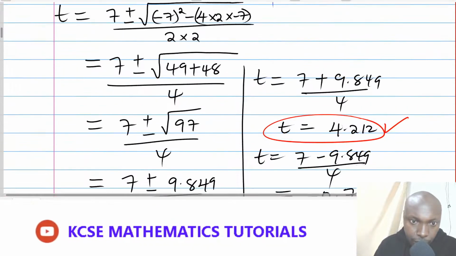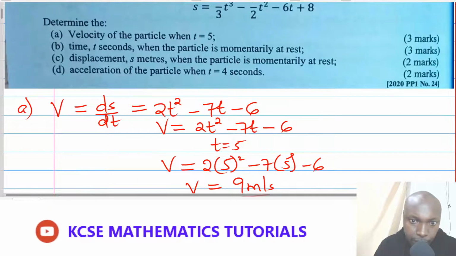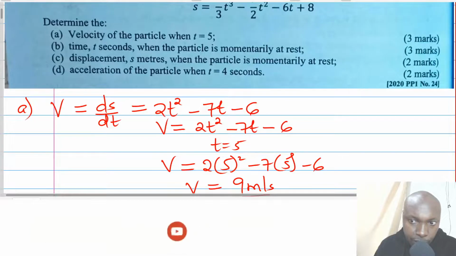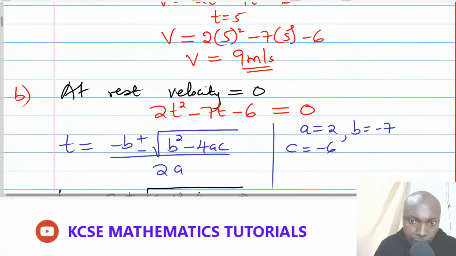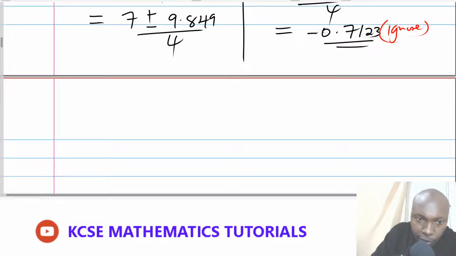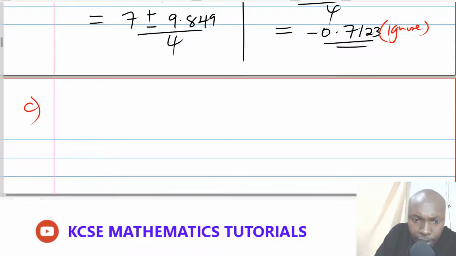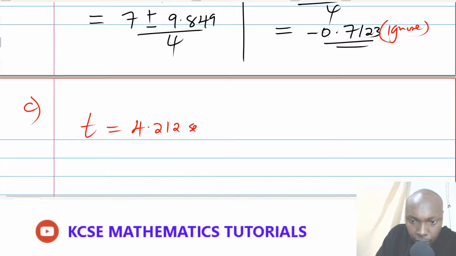The other question is part C. Displacement s meters when the particle is momentarily at rest. We have already established the time when the particle is momentarily at rest, which is 4.212 seconds.